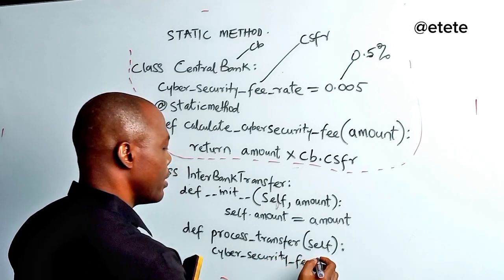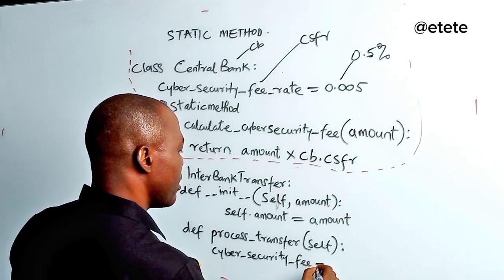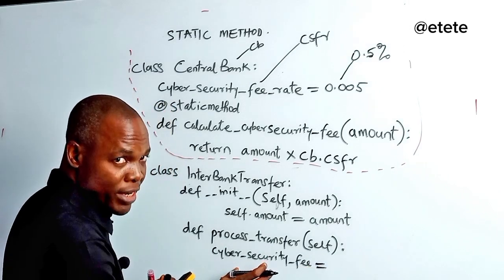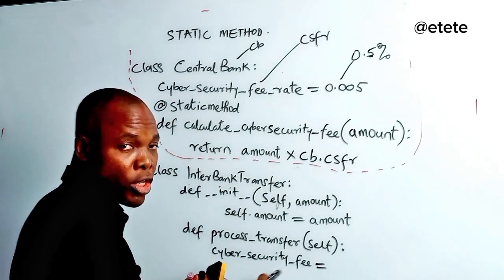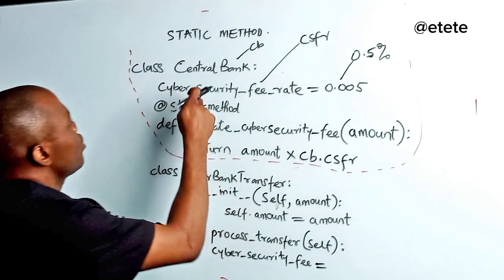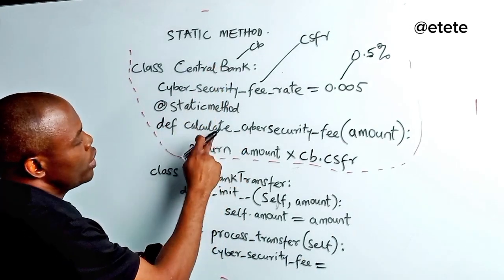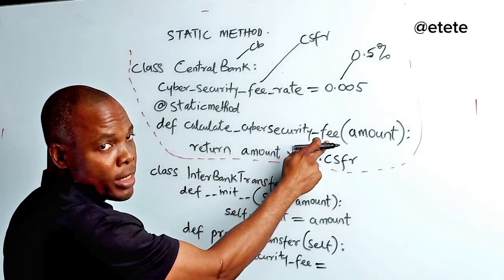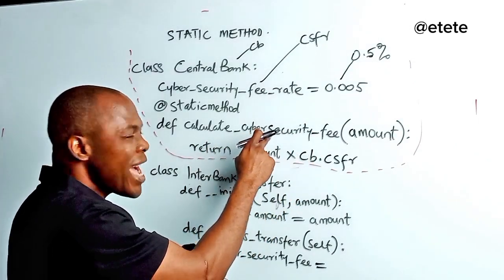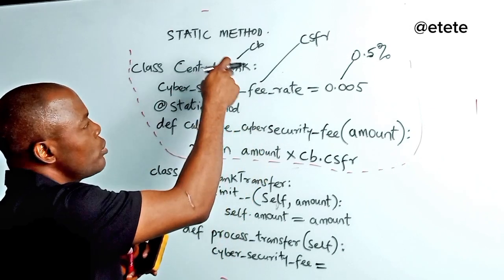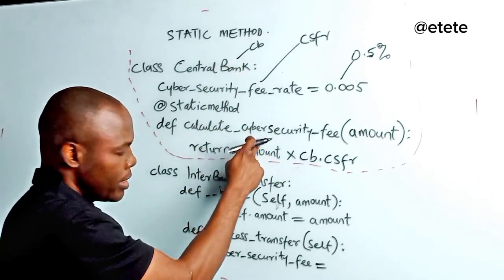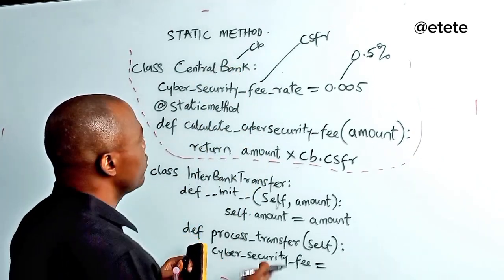Cyber security fee then is a variable that I've created. To calculate this cyber security fee, I am going to come here to this central bank. I'm going to call this my static method, which is what? Calculate cyber security fee. Now, if I'm going to access this, I must come into this class before I can access this.